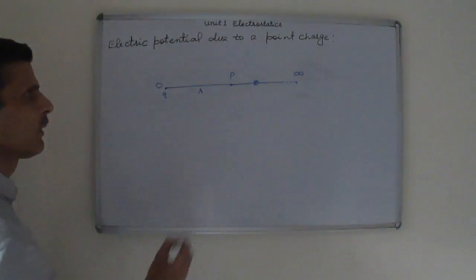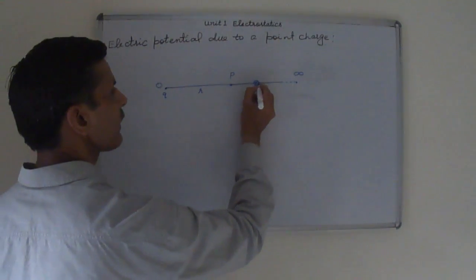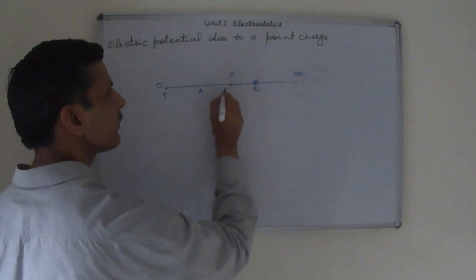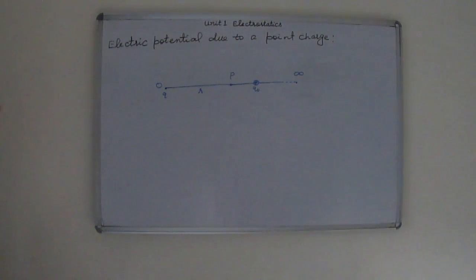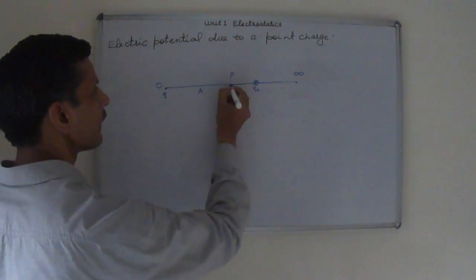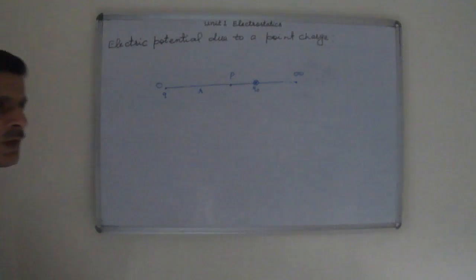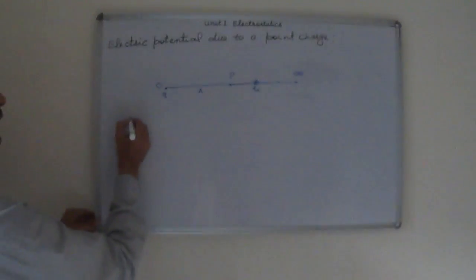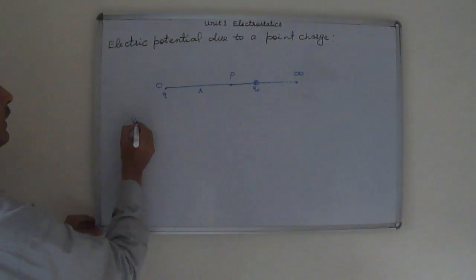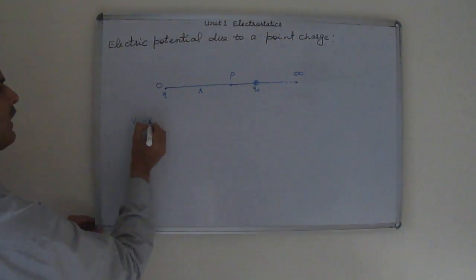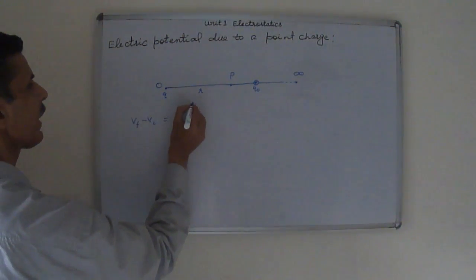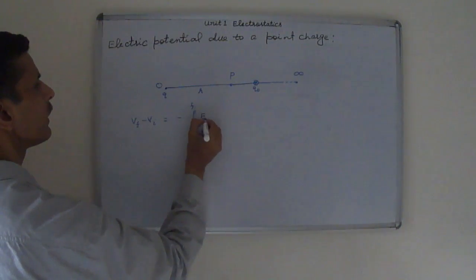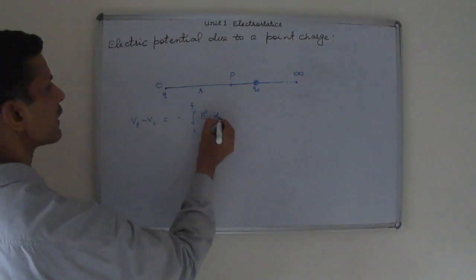And you know, we are taking plus Q naught charge from this point P to infinity. So you have seen Vf minus Vi is equal to minus integration i to f E dot ds.